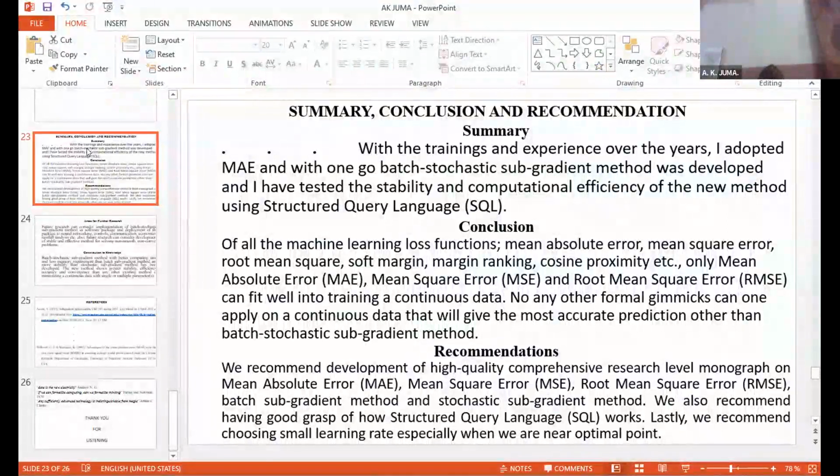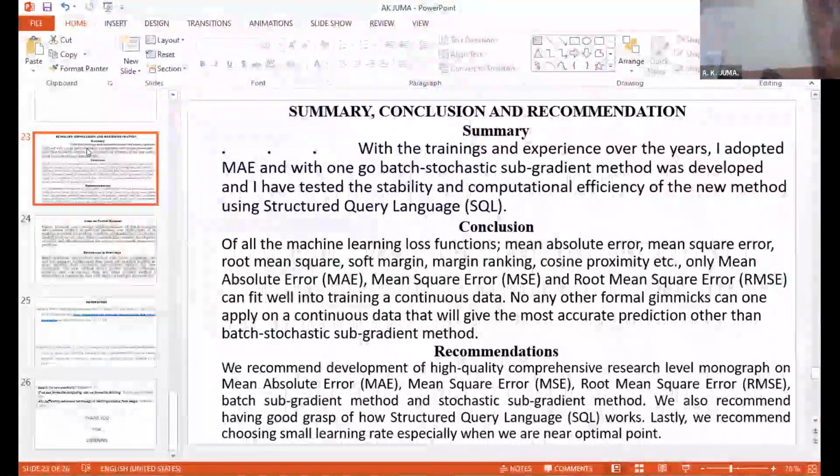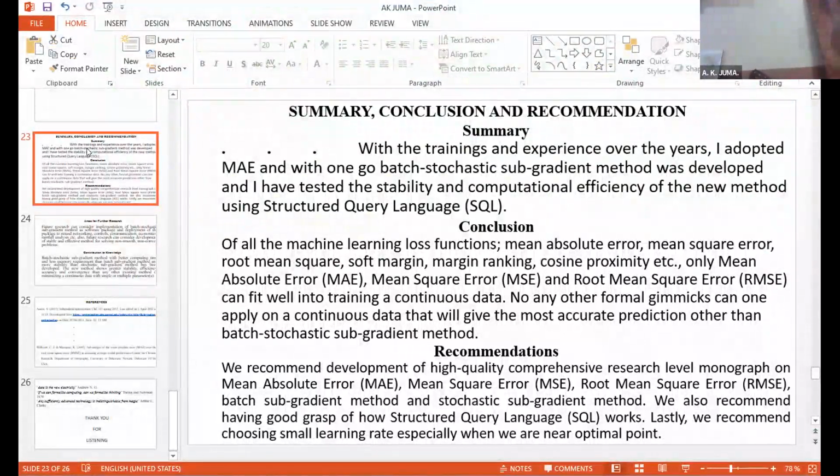In summary, we said MAE is the first discovered loss function, but it doesn't have the differentiable property. For that, scholars created another method, that is MSE. After they created MSE, they discovered that MSE tends to attract some noise. So they said, let's create root mean squared error in order to penalize whatever we have in our MSE value.